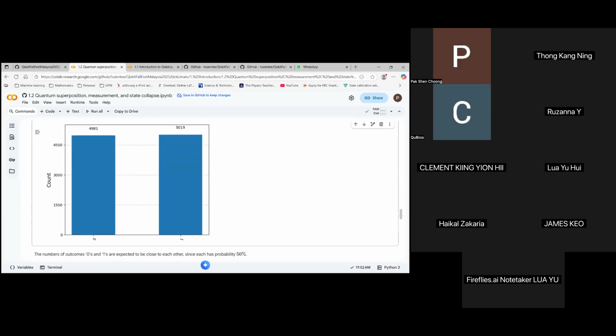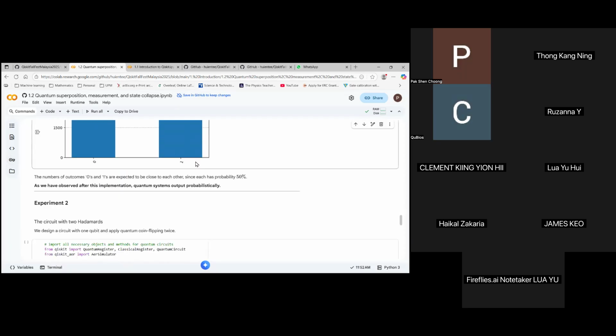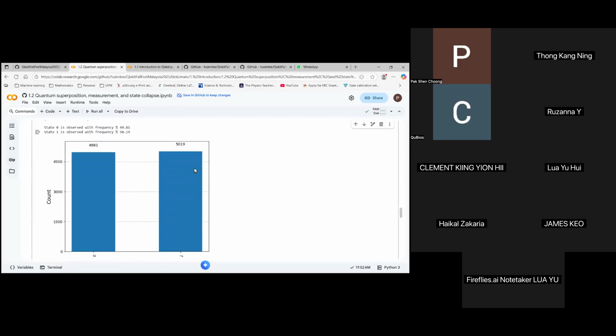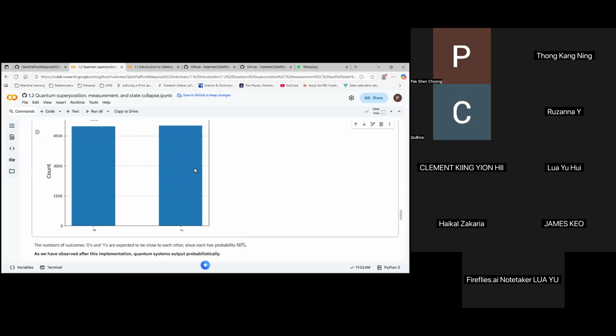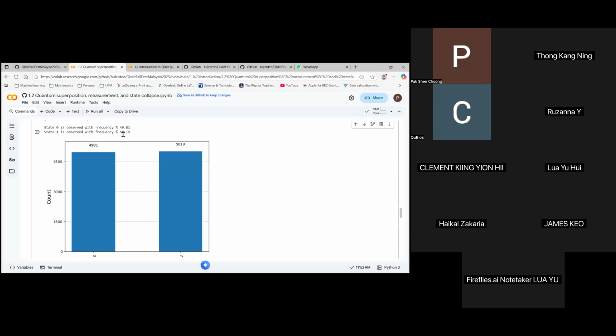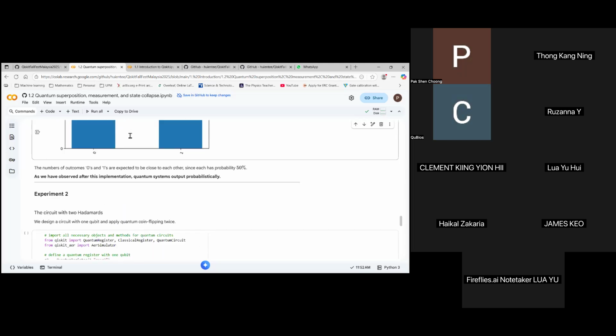When you see the x-axis, for one state we have 4,981 of the shots, we get zero state, and for one state, we get these numbers. Our short brief here is that if you run on a real quantum computer, you might not get this result. This is just a simulator, for your information.